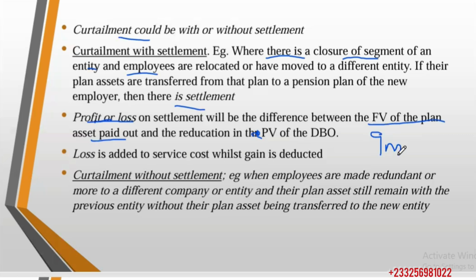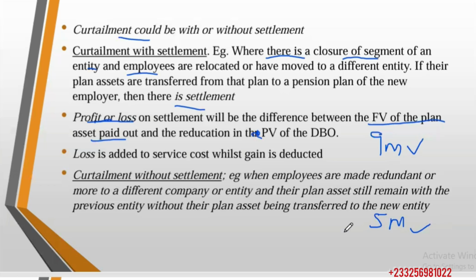You are paying out assets of 9 million, but your liability has reduced by only 5 million. You are paying them more than your liability is reducing. So here there's a loss on settlement.